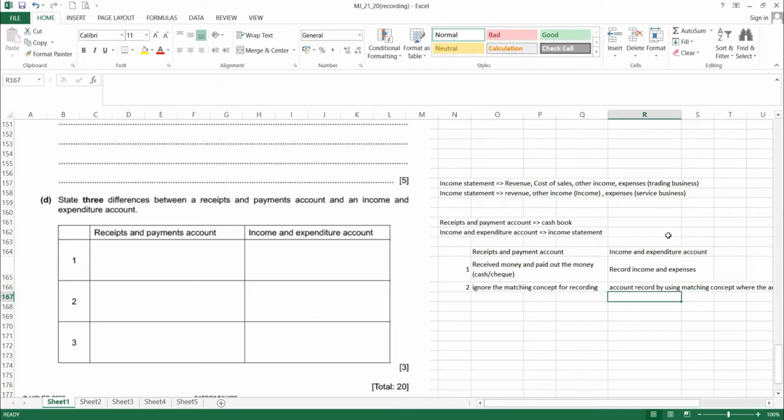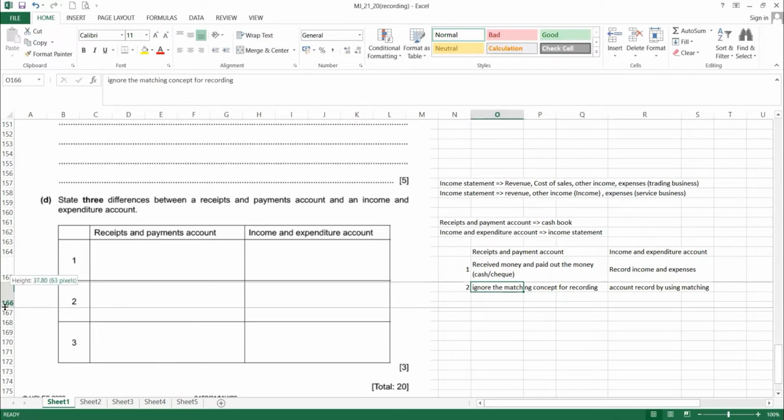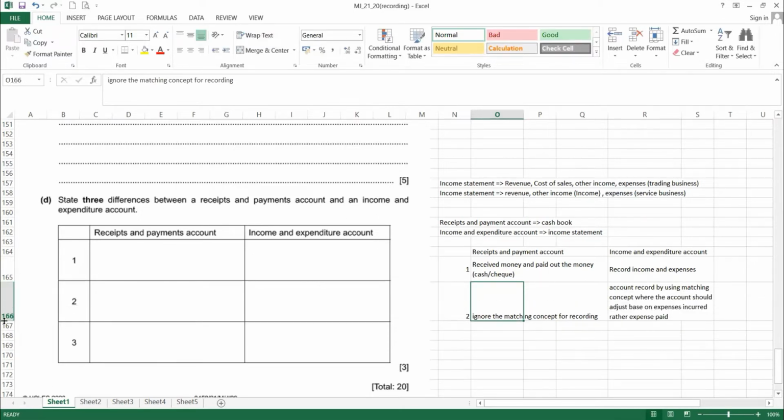So that is trying to emphasize the differences between the receipt or the cash book compared with the income and expenditure.